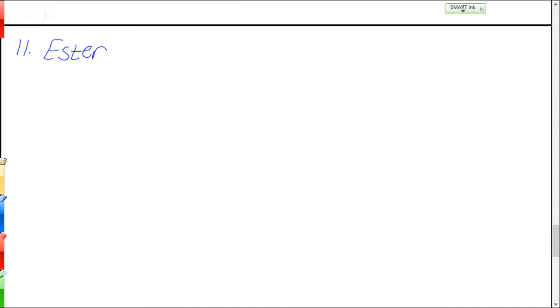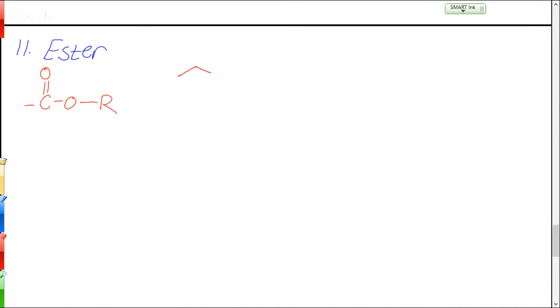Esters are kind of like carboxylic acids, but instead of OH, they're O with some other carbon stuff connected, which we're going to call R again. So instead of OH, they're O something else.